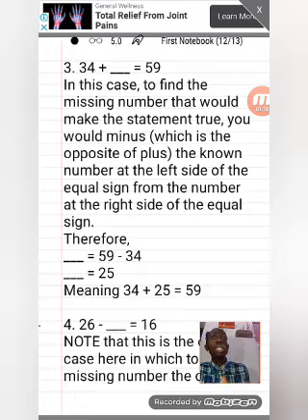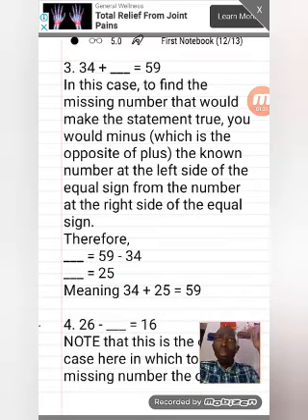What you do is you minus the known number, that is 34, at the left side of the equal sign, from the number at the right side of the equal sign. Therefore, the missing number is the answer of 59 minus 34.